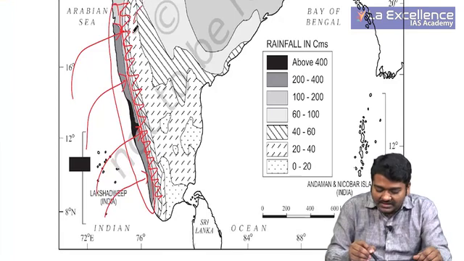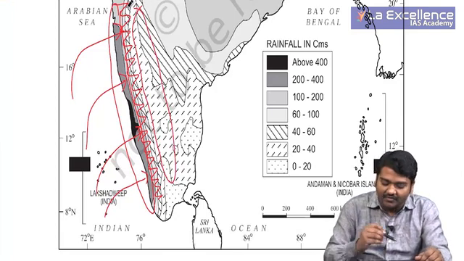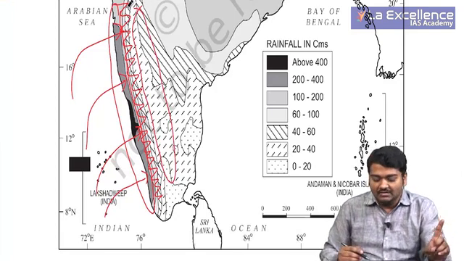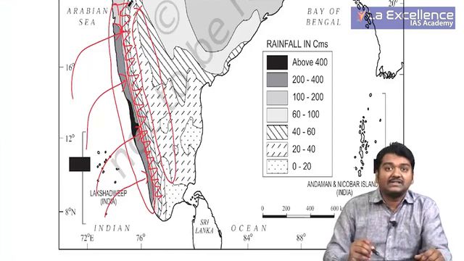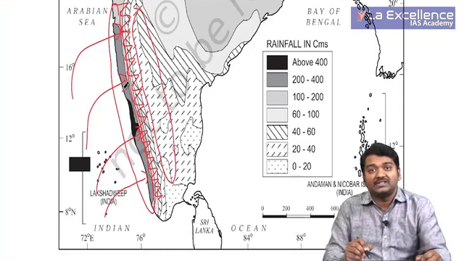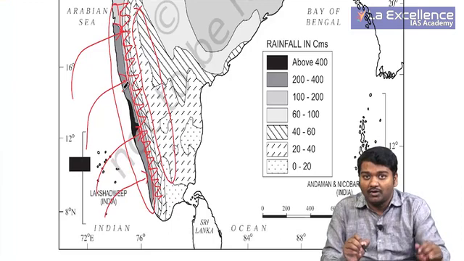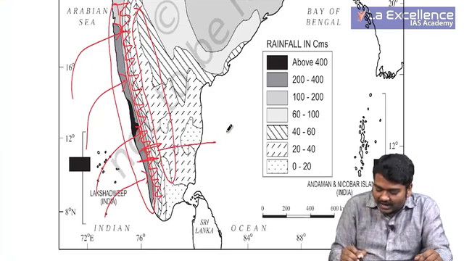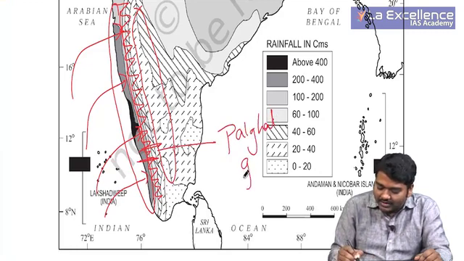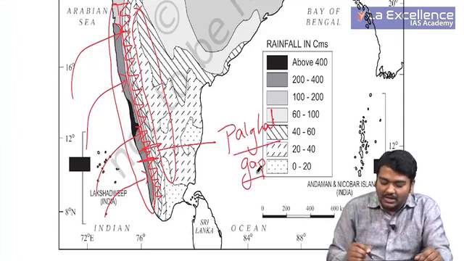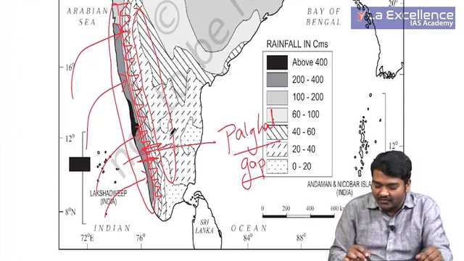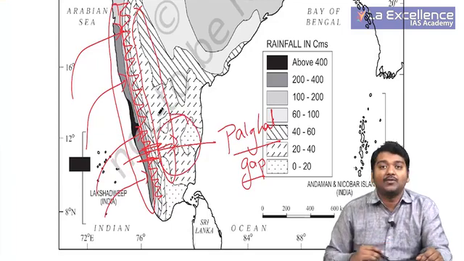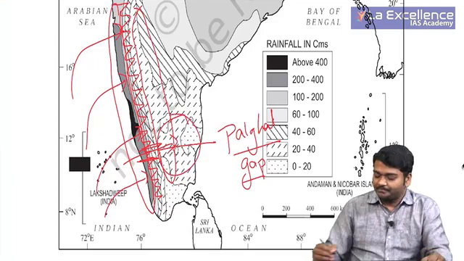But on the eastern side, rainfall usually decreases. On the western side more rainfall occurs, and on the eastern side very little. In between Kerala and Tamil Nadu, there is a gap called the Palghat Gap. You can see it in your atlas. Because of this gap, some rainfall enters into Tamil Nadu.